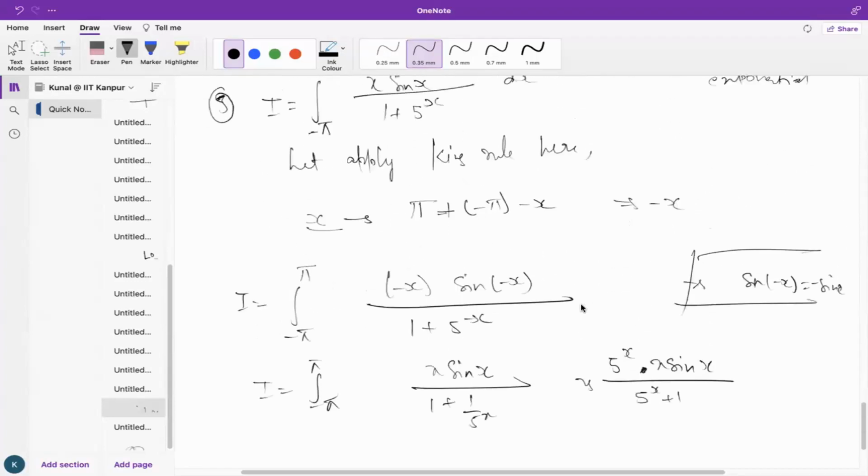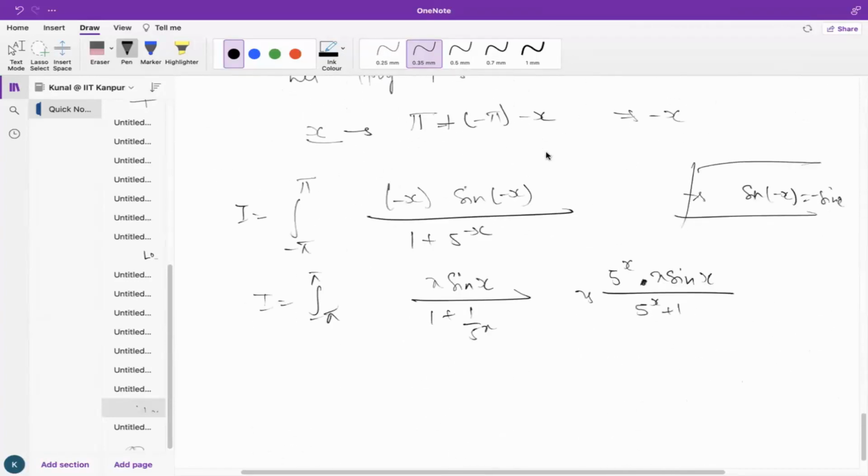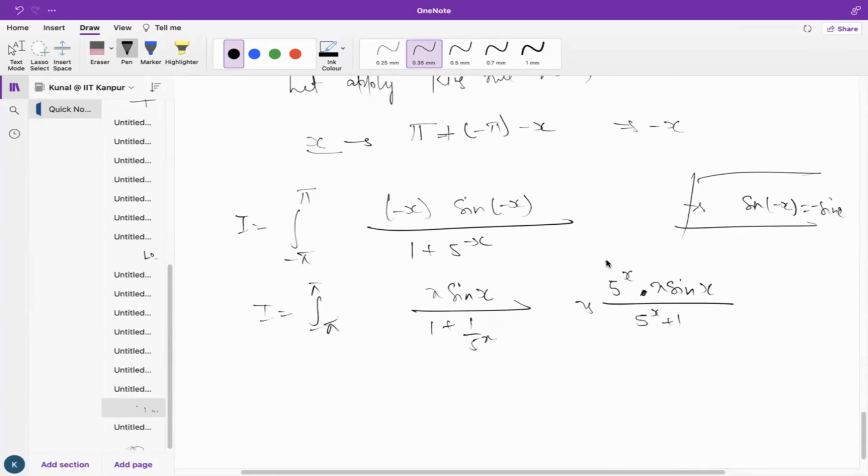So add 1 and 2. This is equation number 1, and let me write it here, integral from minus pi to pi, dx. This is our equation number 2.